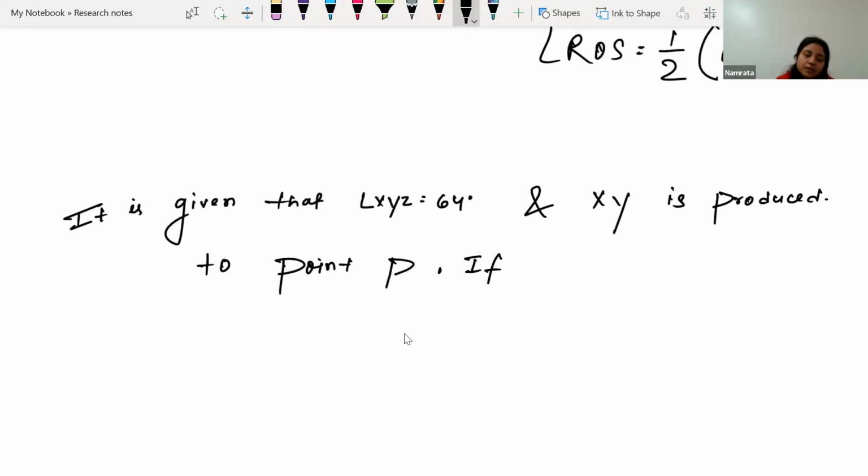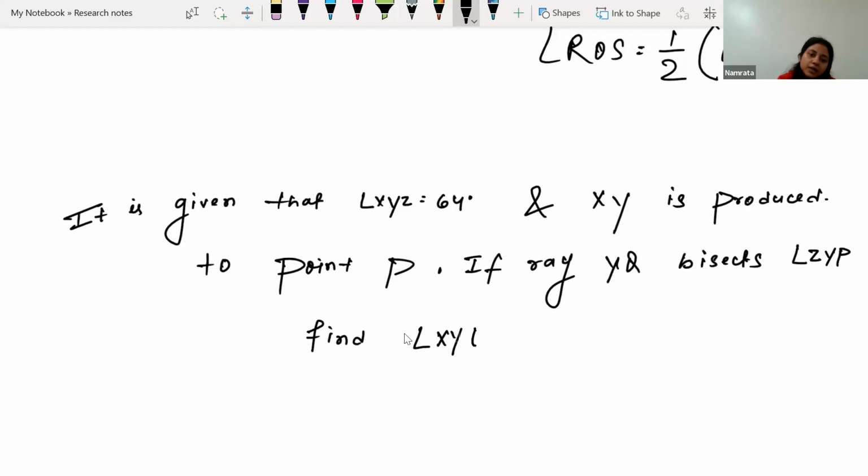If ray YQ bisects angle ZYP, find angle XYQ and reflex angle QYP. Let's draw the figure and see what exactly the question says.